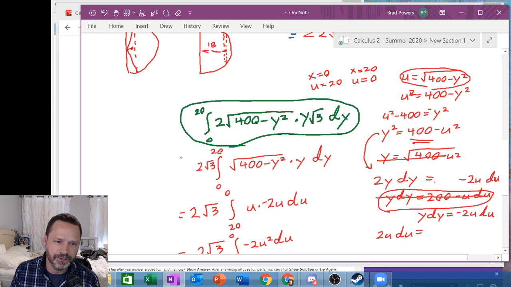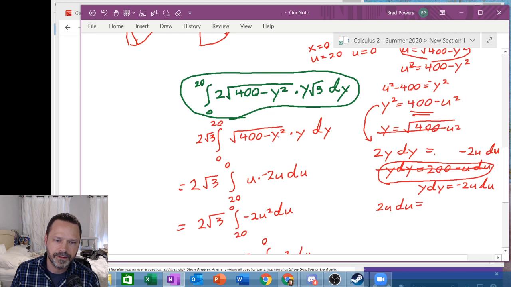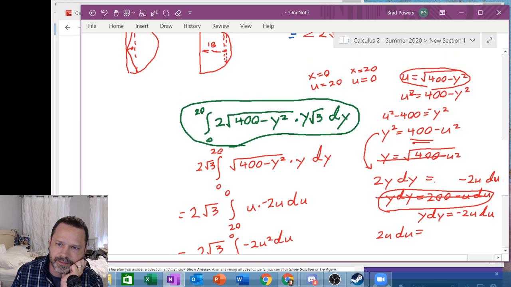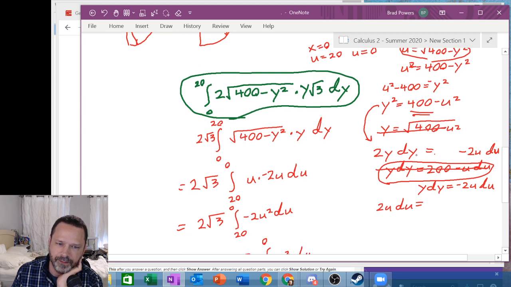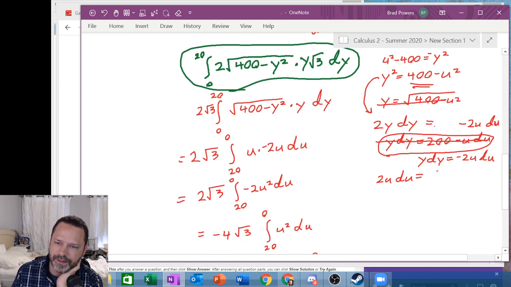Y is 2 over root 3, so it'd be 2 over root 3 over here, and none of this would be different. So we had u, and then let's see, y squared would be 4 minus u squared. 2y dy would be negative 2u du. Y dy would be, geez. Y dy equals negative u du.